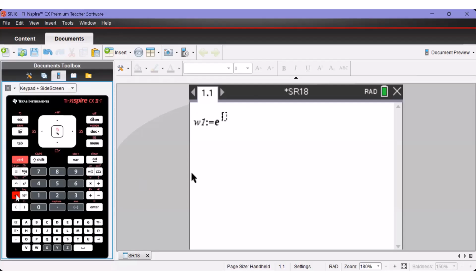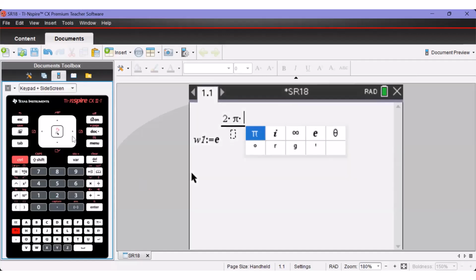So we press our e to the x button, don't press letter E, then control divided by for the fraction template, then it's 2 multiplied by, press the pi button, pi is highlighted, press enter, press the multiplication key, go back to the pi button, navigation pad to the right to highlight complex number I, press enter, navigation pad down into that denominator box, type in 15 and then press enter.